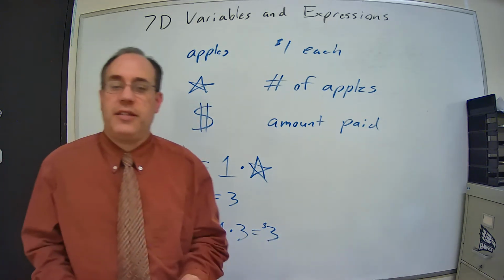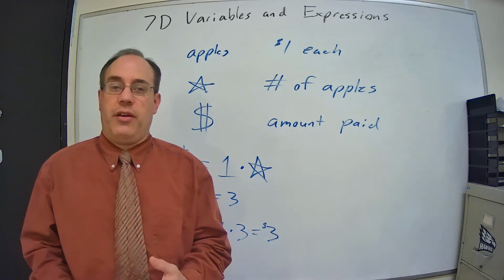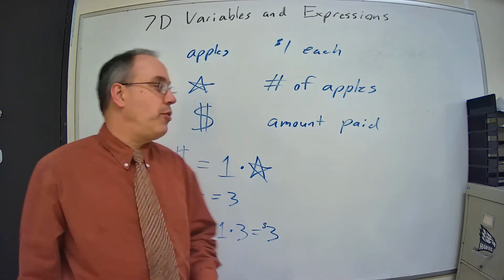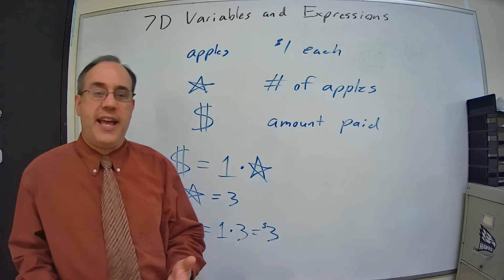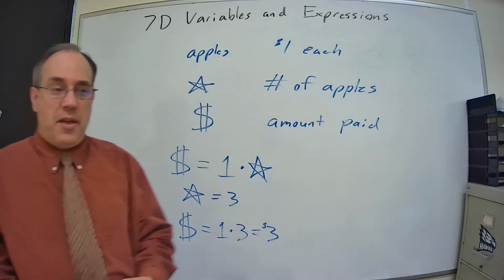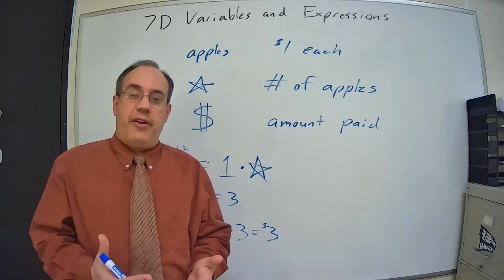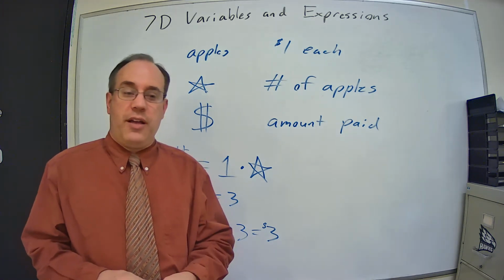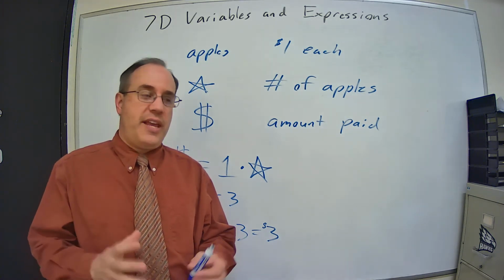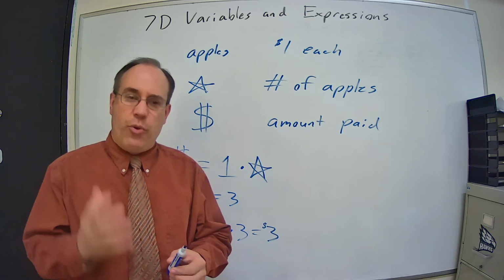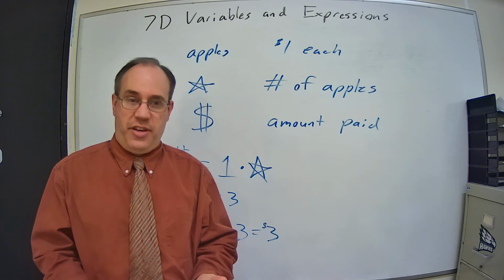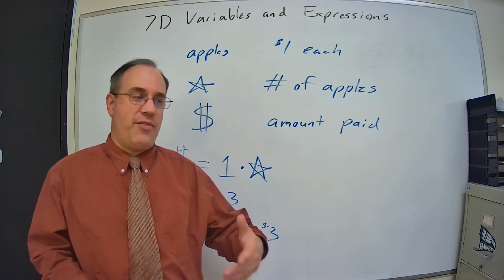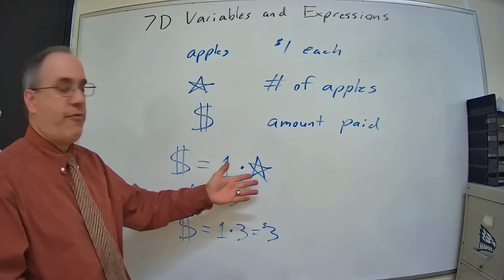But that's the basic idea of dealing with variables. We're going to use some symbol, usually a letter, to represent certain values. The reason we use a letter or a variable is because these values are not set or fixed. They can change. And when we change them, we have a different number for that value.